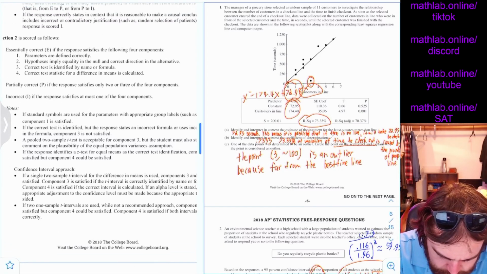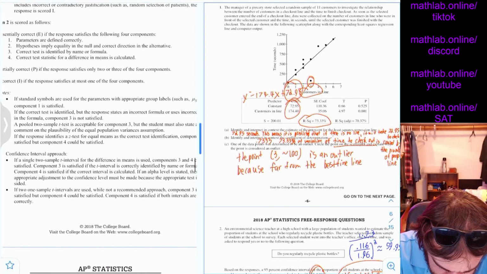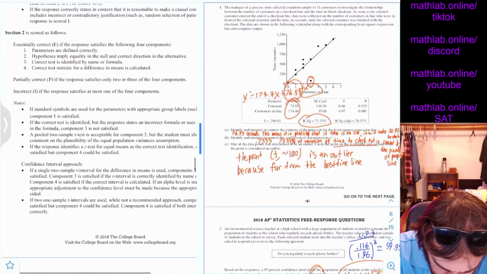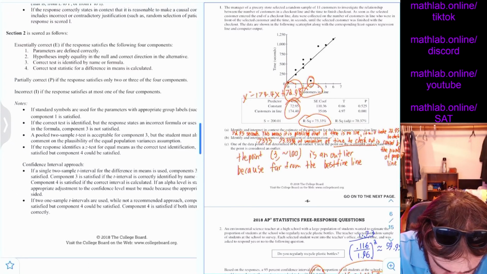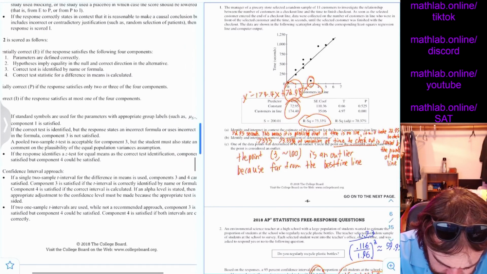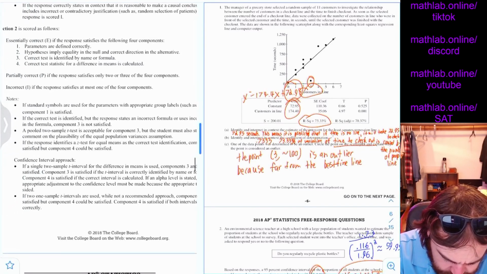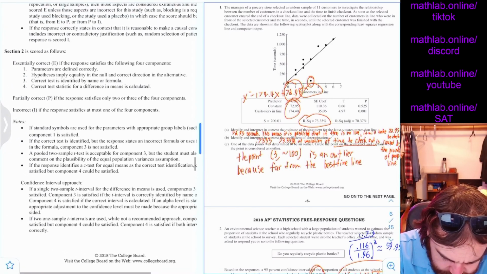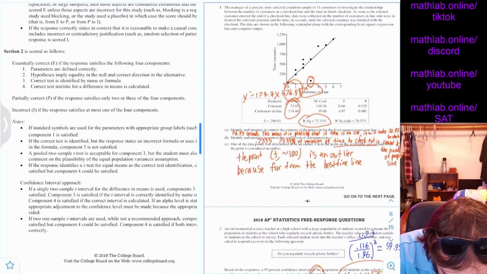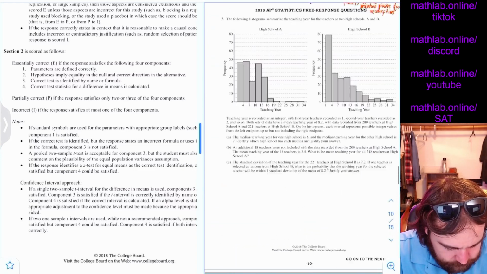Wait. Or 4? The correct test is identified, but the response states an incorrect formula or uses incorrect notation. Component 3 is not satisfied. Correct test is identified by name or formula. Ugh. And I used the name t-test too, right?